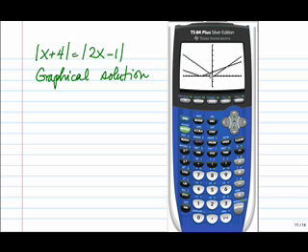And you see that there are two places where those two graphs intersect, at 5 and at negative 1. So that would be a way we can do it graphically. We could say the intersection of graphs method.